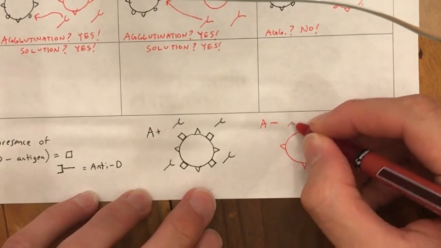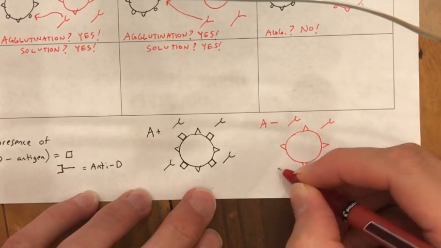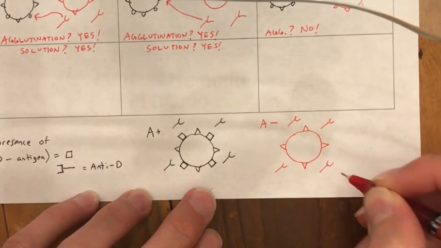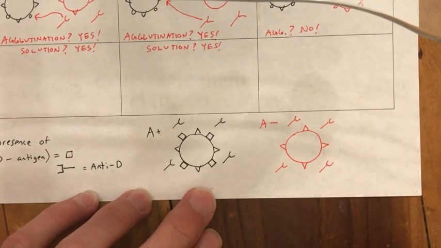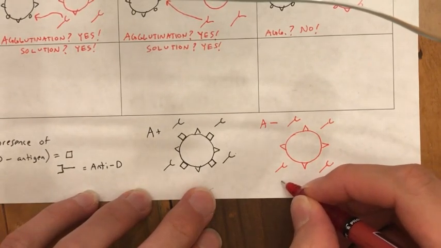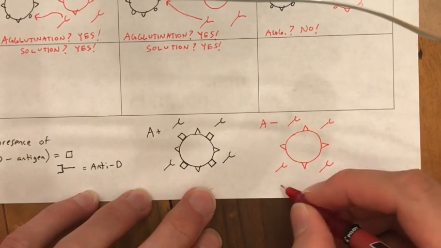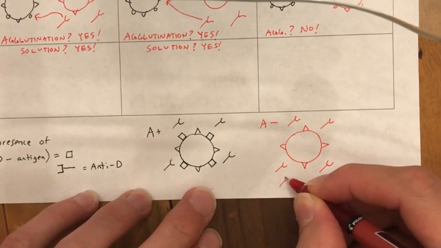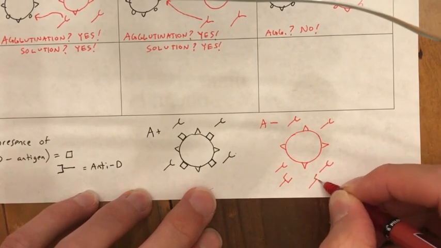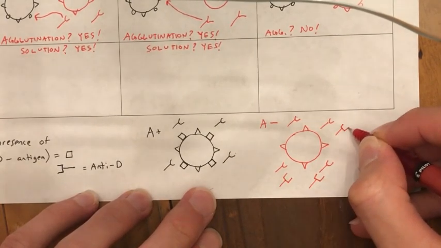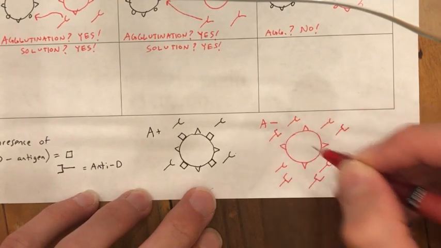Of course, they also have the antibody B. Another thing we're going to assume is that they've been sensitized to the D antigen, so they are going to contain anti-D.